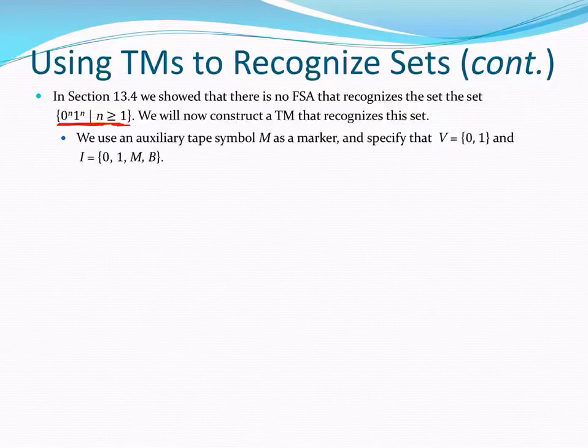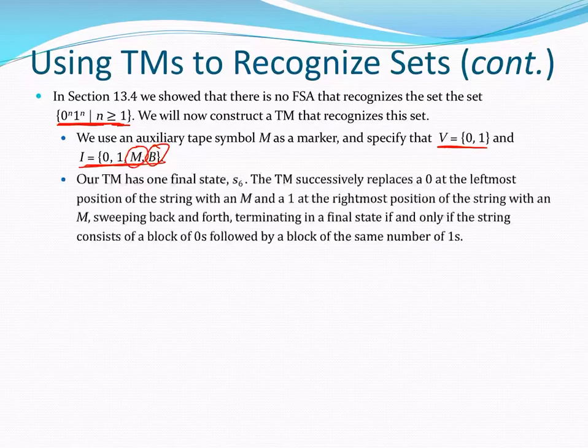To do this, we'll have our vocabulary to be 0, 1, but the input and output alphabet of our Turing machine will have the required blank symbol, but we'll also have an additional symbol, M, which will be our marker. We do have a final state, meaning that it will not appear as the input state for any 5-tuple.